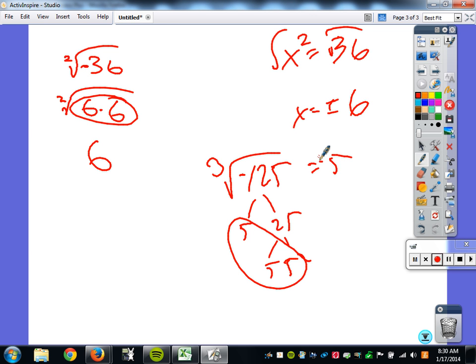Because anytime we do anything to an even power, you'll have enough negatives that it'll always come out to be positive. But if I have a positive 25 times a negative 5, now where am I at? Negative 125. So on odd roots, you might want to write this down, you can have negatives underneath them. You just got to understand your answer is going to come out negative.